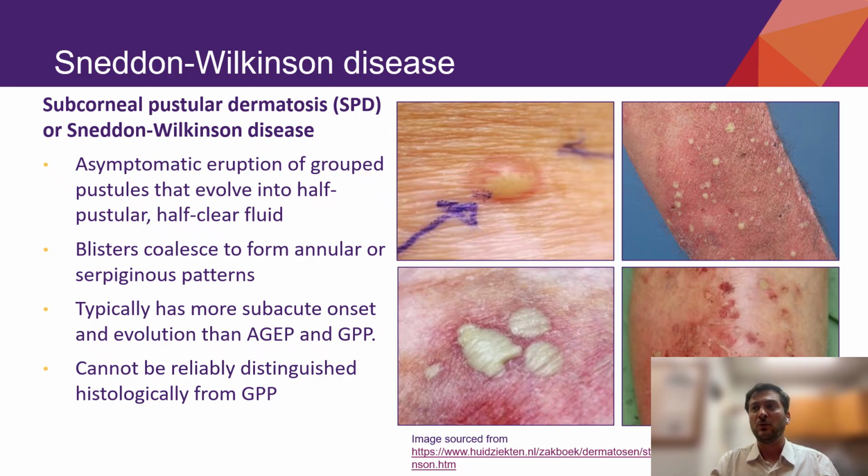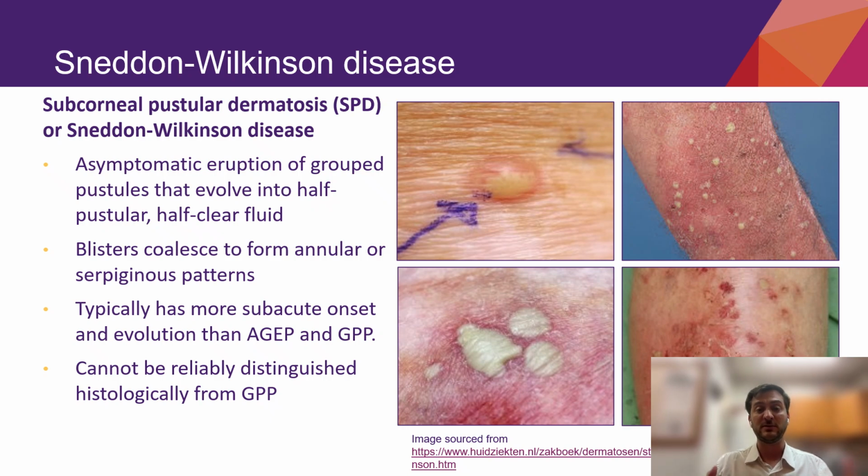For example, if you're looking at a GPP patient, you are usually looking at an ill patient. He's bad. I mean, he's not good. He needs sometimes to go to the emergency room and get hospitalized. Sneddon-Wilkinson is a different scenario.